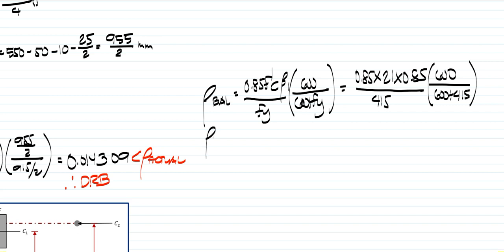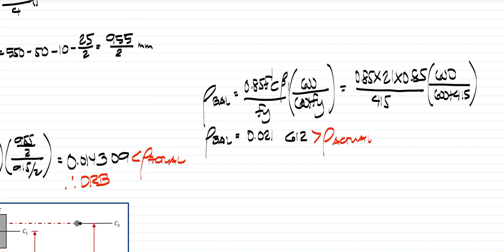So, our rho balance coming from this equation will be 0.021612. And as you can see, this is far greater than our rho actual.